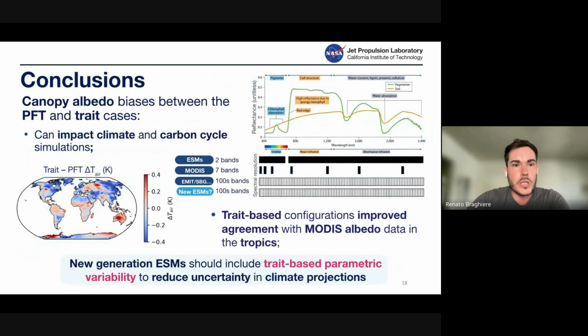And so just to conclude, in this talk, I showed that the biases between the PFT and trait cases can be really impactful for climate and the carbon sink.